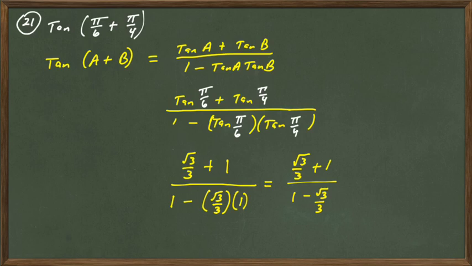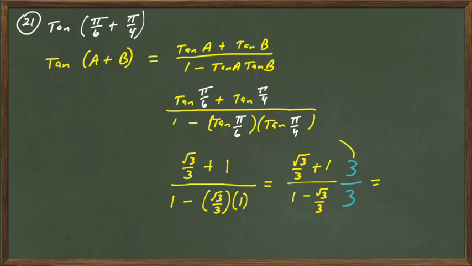So what I'm going to do is multiply by what's being divided by. The opposite of dividing by 3 is to multiply by 3. So I'm going to multiply by a fancy form of 1, namely 3 over 3. If I multiply by 1, I don't change its value.